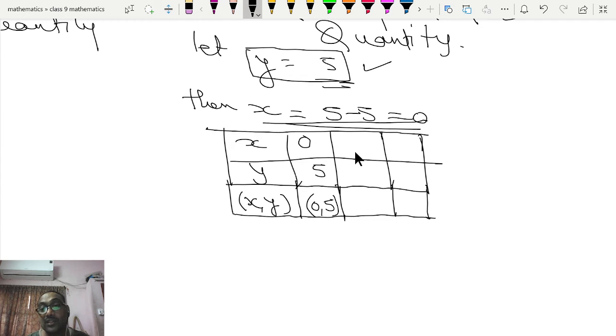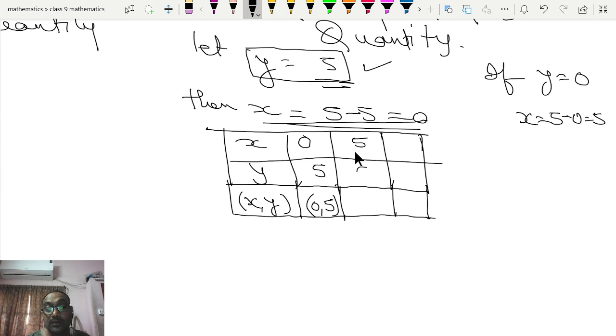Suppose you change the value of y from 5 to 0, then x is equal to 5 minus 0 is equal to 5, and the ordered pair will be (5, 0).